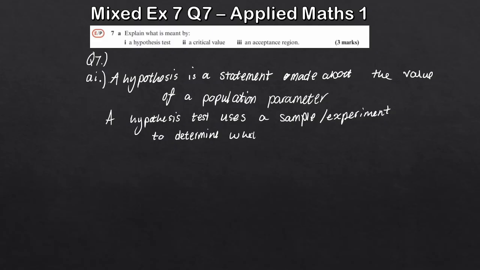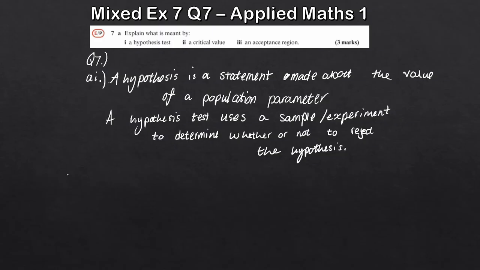So whether or not to reject the hypothesis. Okay, that's simply all you kind of got to jot there. So what I do, define basically what the definition of a hypothesis is, and then actually define what a test is for it.